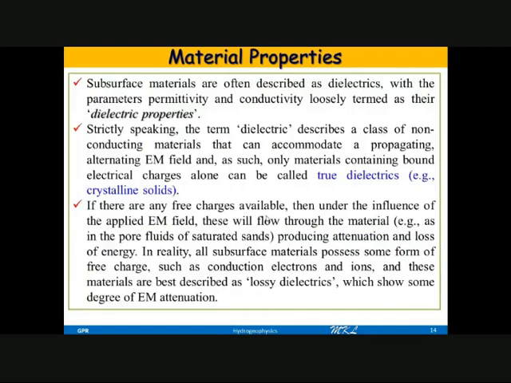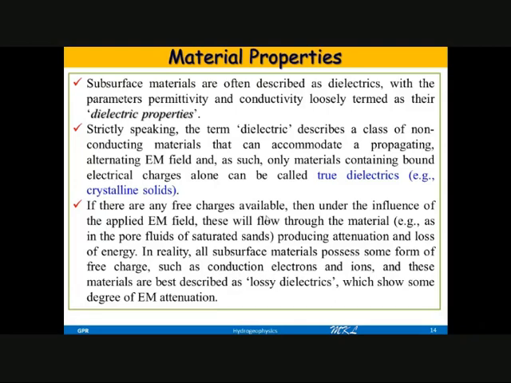Subsurface materials are often described as dielectrics, with their parameters, permittivity and conductivity, loosely termed as their dielectric properties. Strictly speaking, the term dielectric describes a class of non-conducting materials that can accommodate a propagating alternating EM field, such as materials containing only bound electric charges.